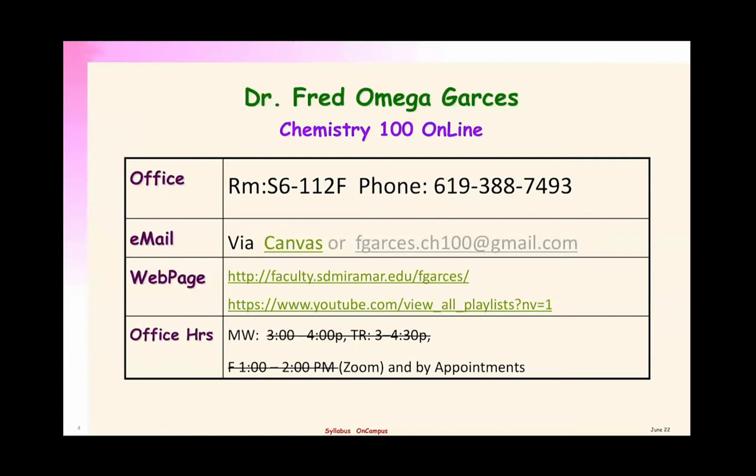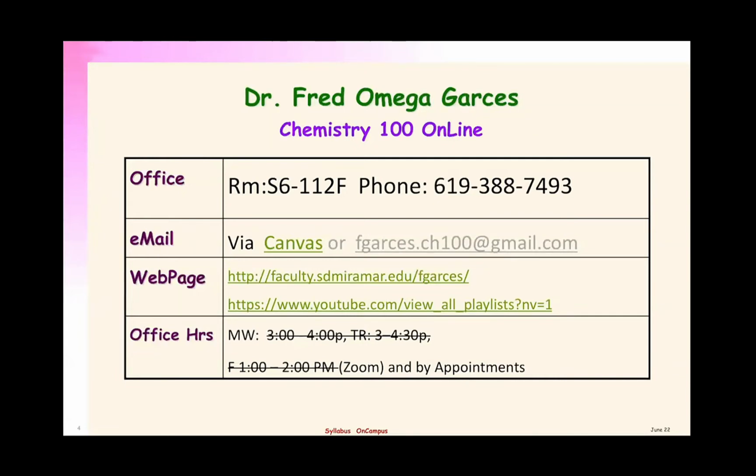This is my contact information. Now that Miramar is open again, but this is a summer class, so I'll be in and out of the lab or my office over the summer, but certainly if you want, we can have appointments over Zoom, or you can email me. Make sure you email me via Canvas.